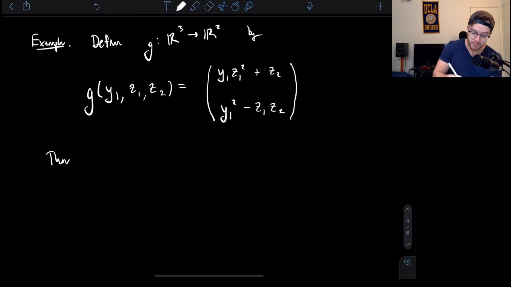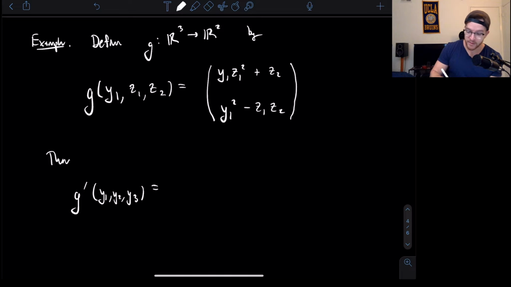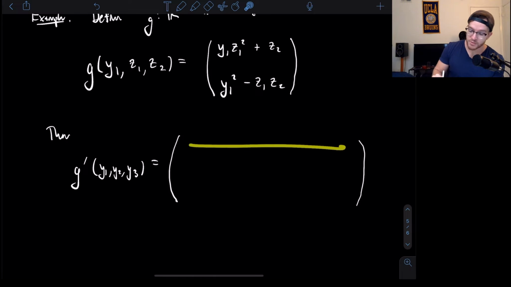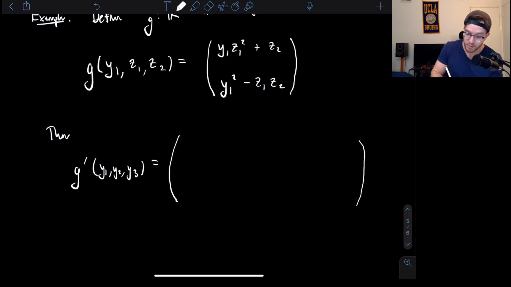Anyway, then we can compute the Jacobian. So G prime of y1, z1, z2. This is going to be a 2 by 3 matrix. The first row will be all the partials of the first component.